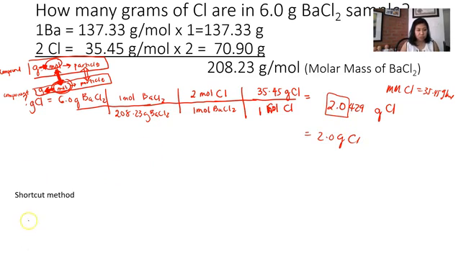Let me just calculate it just to make sure that I got the number correct. Divided by 208.23. Okay? 2. Okay. Now, that is what is asked for. So if the question could be how many individual particles are present or chloride ions are present, just like in the previous problem, remember your pathway could change.